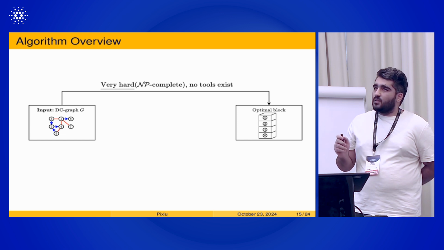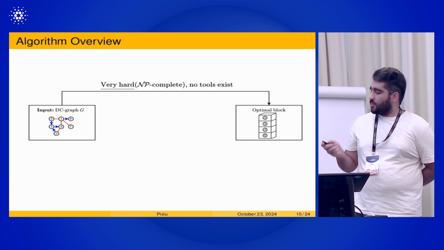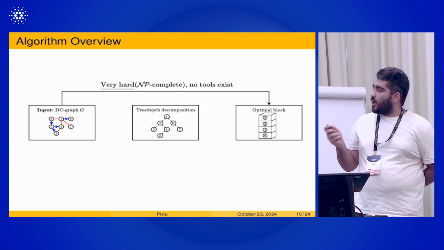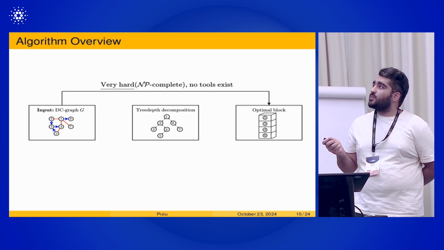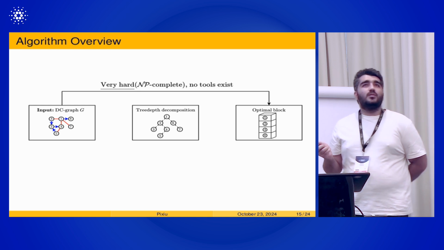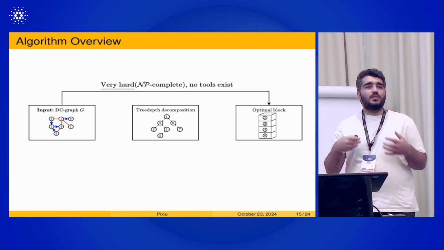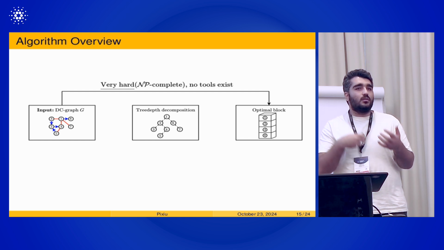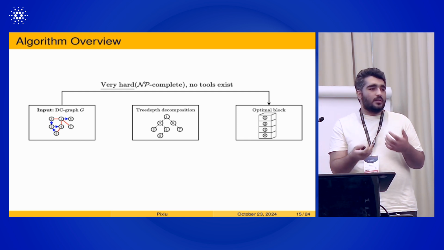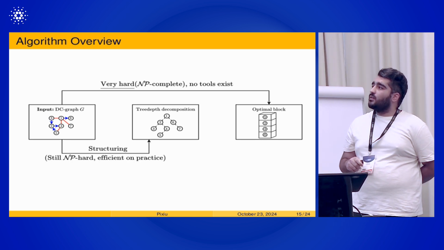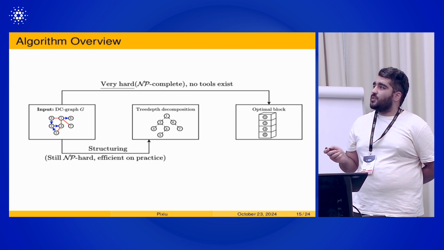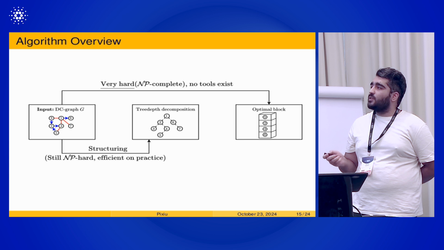What we like to do in our group is to define a sparsity parameter. Here we will talk about three-depth decomposition, which intuitively shows how star-like your real-world conflicts and dependencies are. And then we use some tools that are practical to find these decompositions. This part is still hard to do, but because they are solving just this problem, they are very efficient.